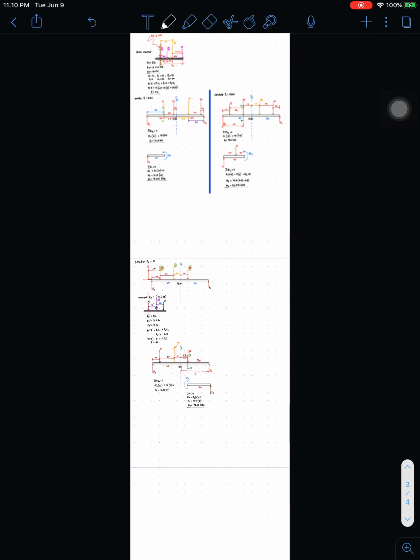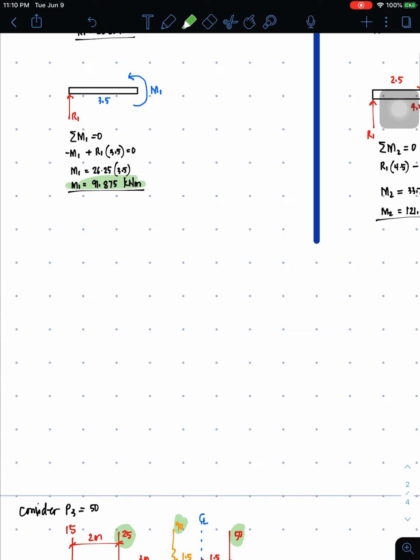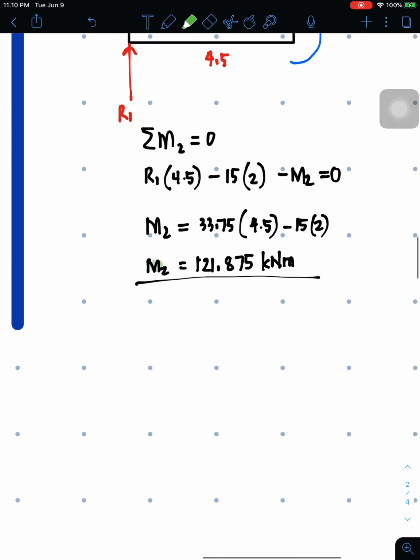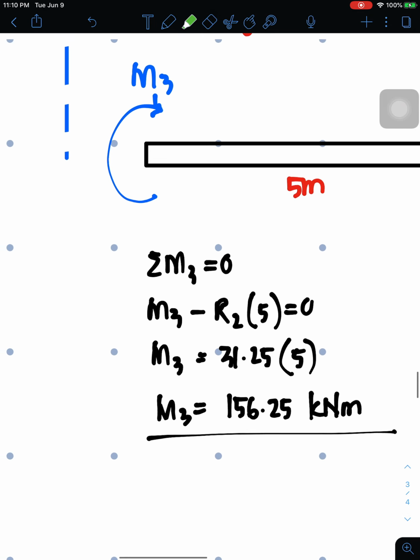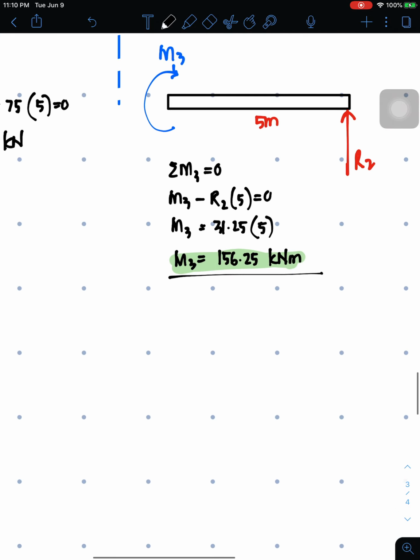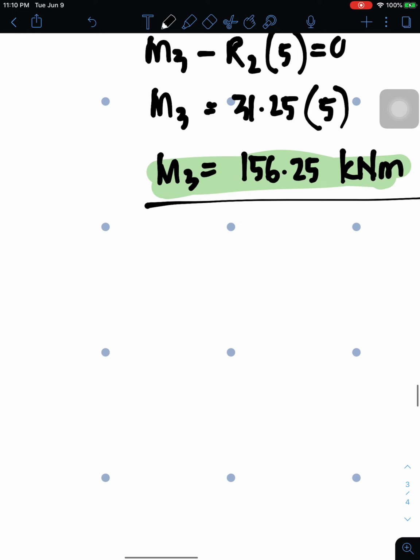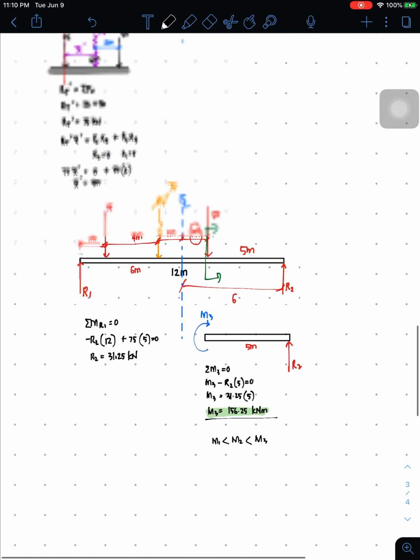So let's examine our values. As you can see, M1 is 91.875, M2 is 121.875, and then M3, it's 156.25. So it's obvious, no? You choose the biggest value. So again, ato sang i-summarize, M1 is lesser than M2, and M2 is lesser than M3.